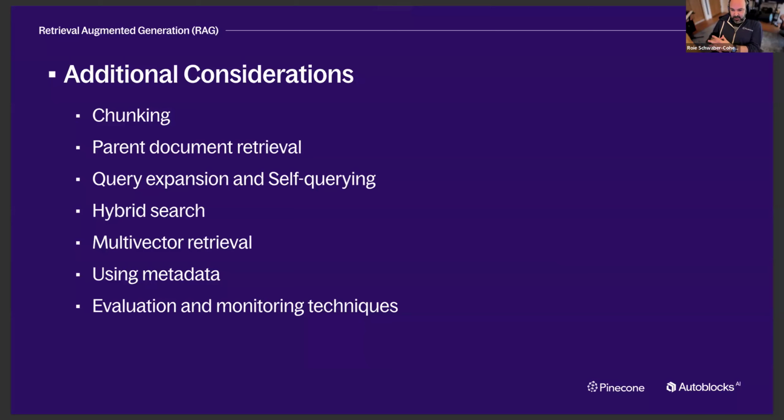But these are just some of the things that we've seen people grapple with and think about when they're building RAG applications, starting from how you chunk your data, how do you perform the search in the most optimal way, what are additional ways to retrieve your data other than doing it naively, and then how do you evaluate and monitor your RAG application overall. And this is something that I'm sure will come up in the rest of this talk.